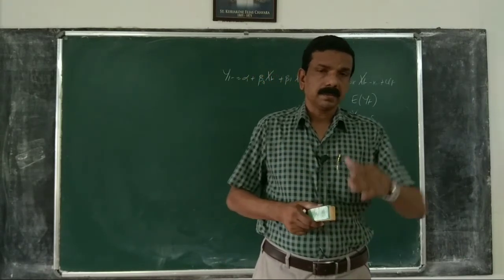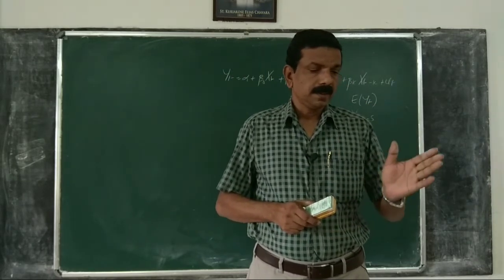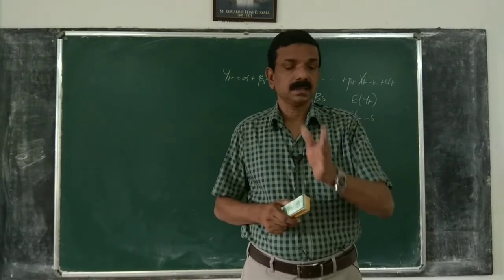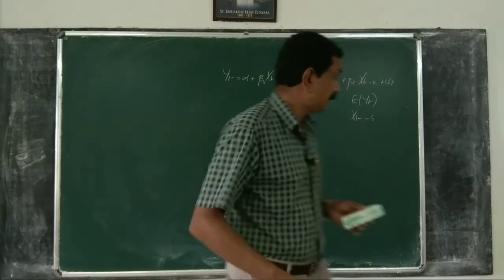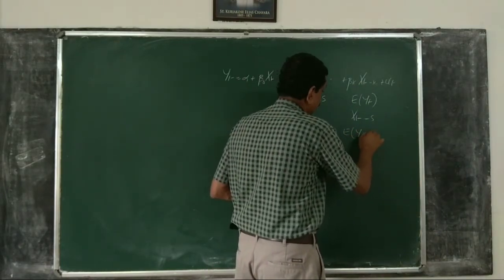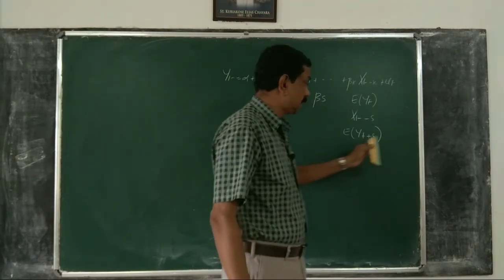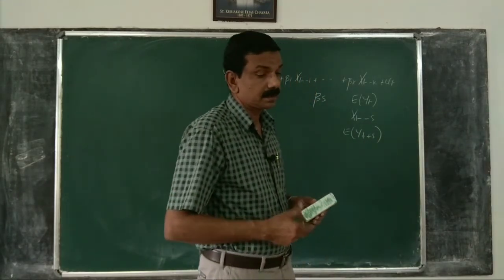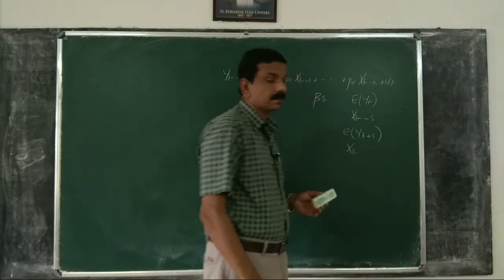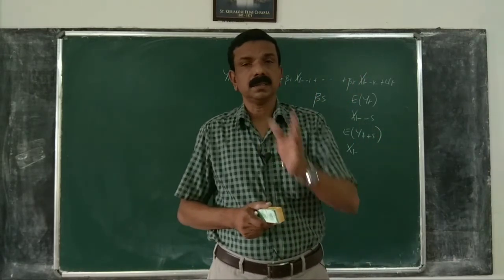Alternatively, as I discussed earlier, if we look forward instead of backwards, beta s gives the change in expected yt plus s when xt changes by 1 unit, but held constant in other periods.